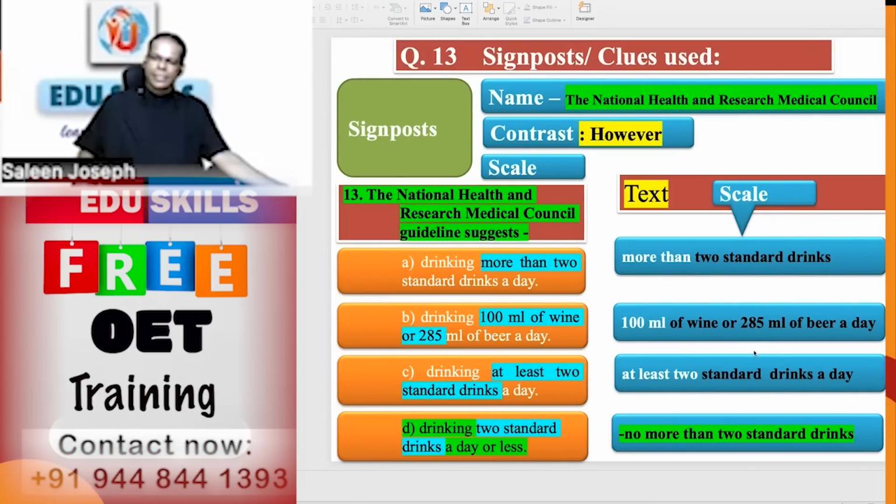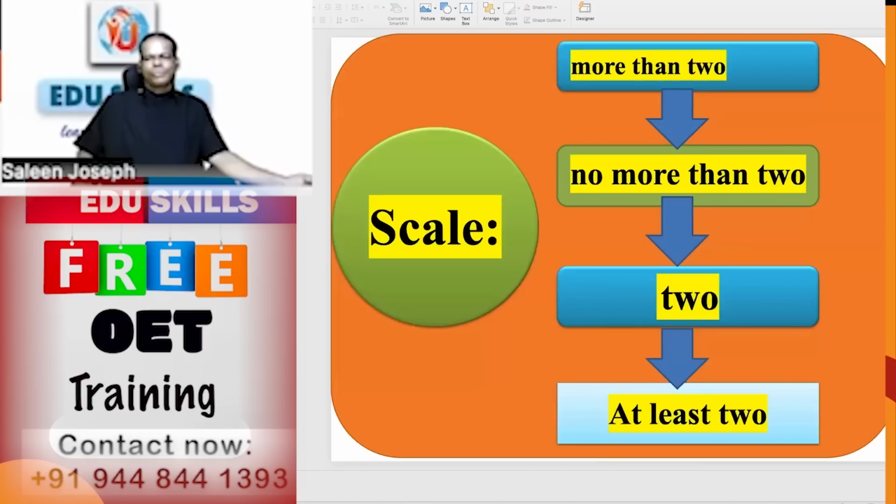This is 1 standard drink, this is at least 2, meaning again more than. Not more than 2 standard drinks a day means the maximum is 2. See, more than 2, no more than 2, at least 2. This is called scale. Are you able to understand these expressions? Even otherwise, the answer is straight away there, but I am just giving you the idea.